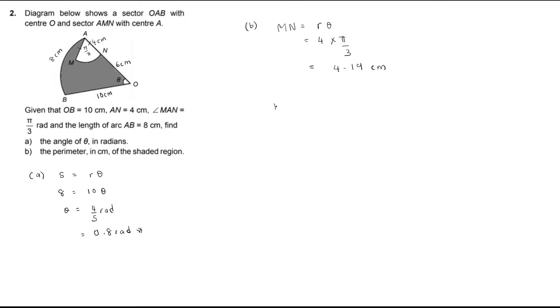To find the perimeter of the shaded region, let's start from OB.